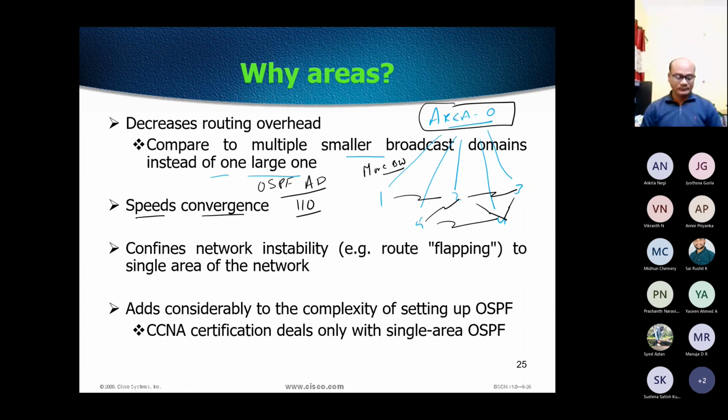Forgot, Taj. Okay, guys. For static routing, the AD value is 1. For EIGRP, 90. For RIP, it is 120.